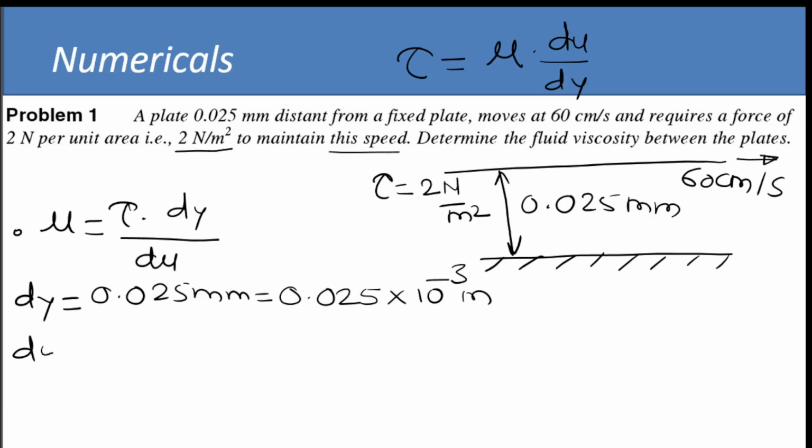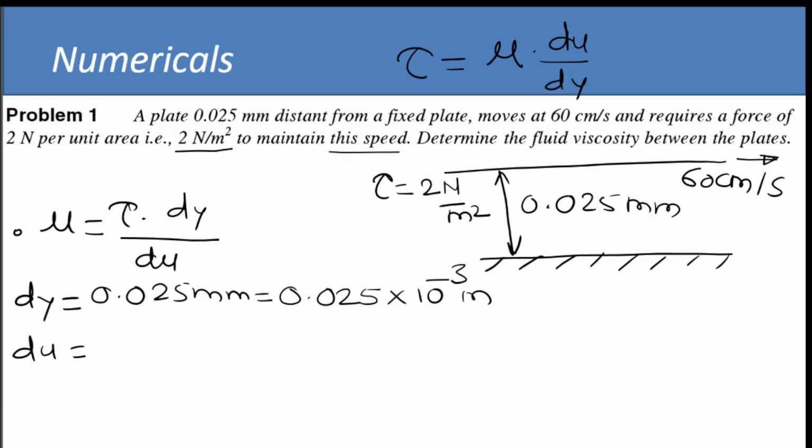Now this du is the velocity of the upper plate minus the velocity of the bottom plate, which is also called the change in velocity.